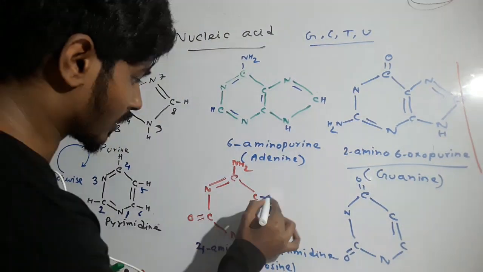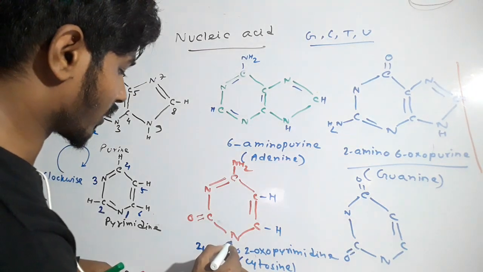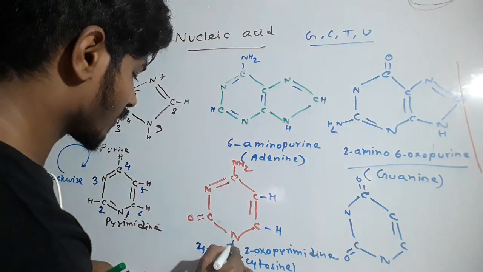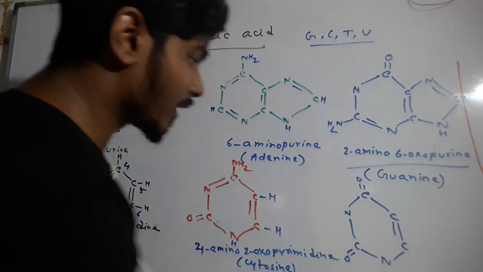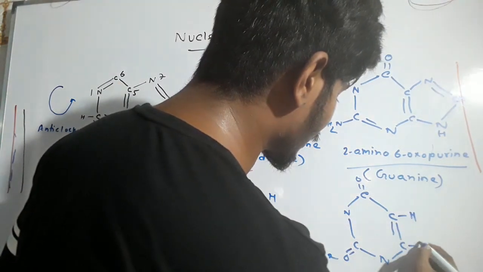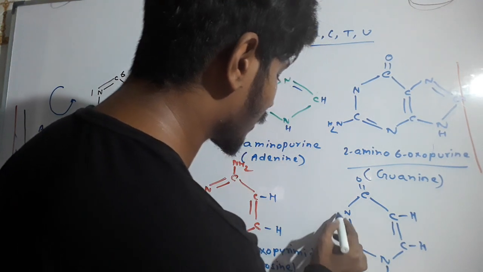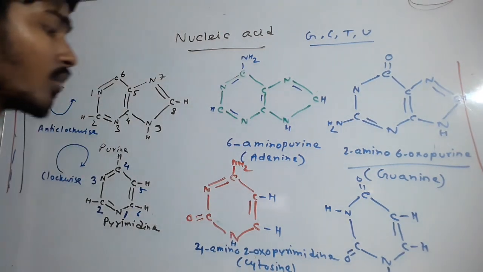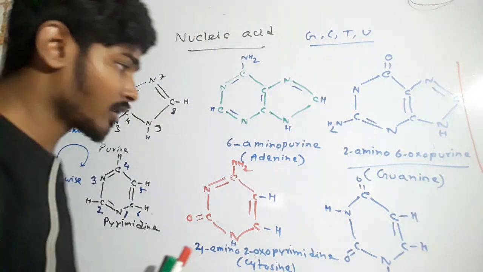Sorry, there is hydrogens, I have missed the hydrogens, sorry for that. So there is another hydrogen, okay. Now here you see there is a hydrogen, there is another hydrogen, okay.